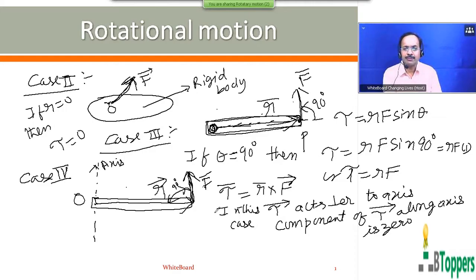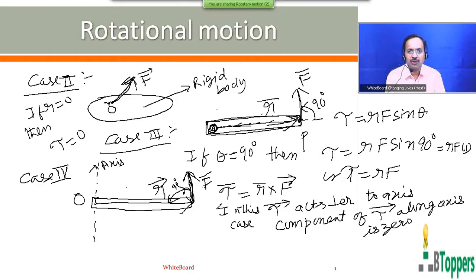Or you can say the moment of the force, or component of the torque along the axis of rotation, or the torque acting on the rigid body, along the axis will be 0. That means the force cannot produce any rotational motion about that particular axis. So the conclusion is that if any one of the external forces on the rigid body, which is capable of rotation about a fixed axis, acts parallel to the axis, then the moment of that force along the axis will be 0.